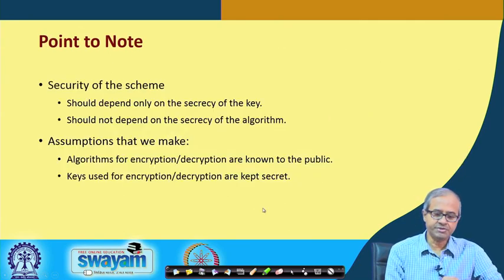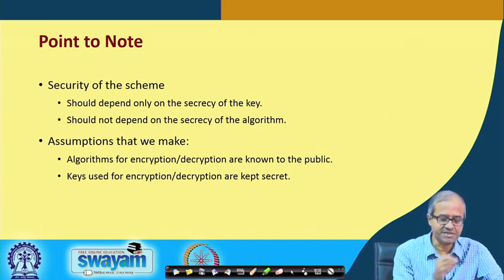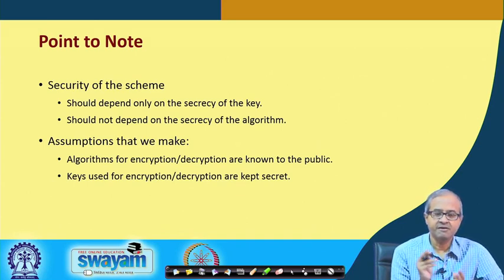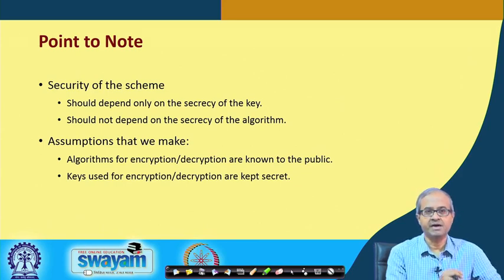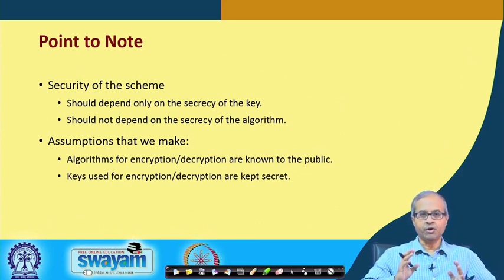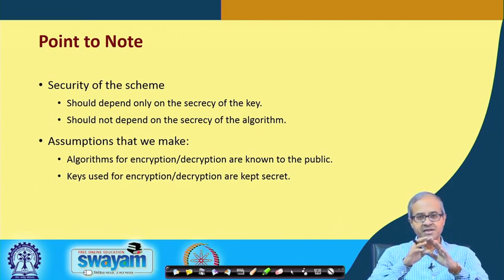So, there are a couple of important points here. First thing is that for this kind of encryption or decryption techniques, it is understood or accepted that your method should be such that the overall security of the scheme must not depend on the secrecy of the algorithm.